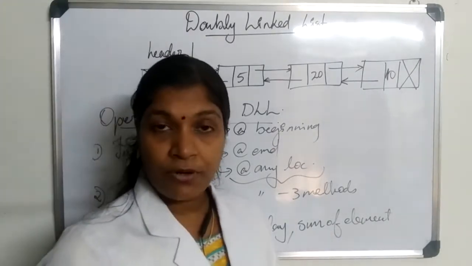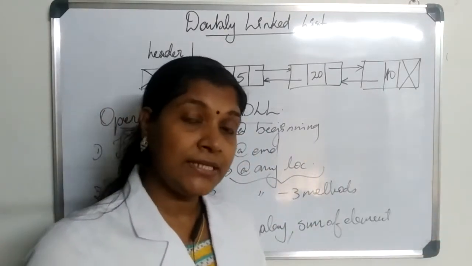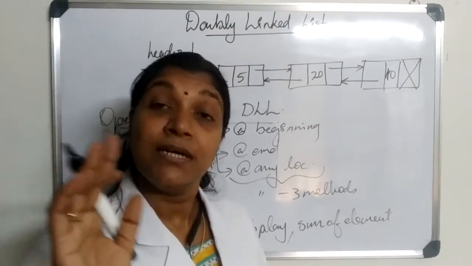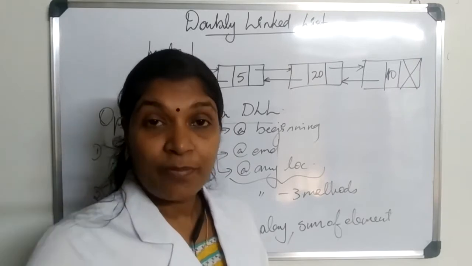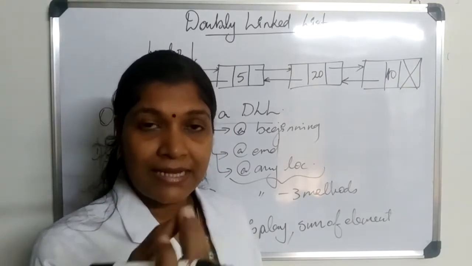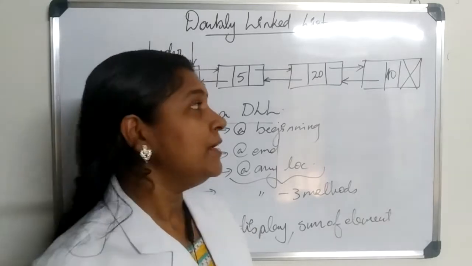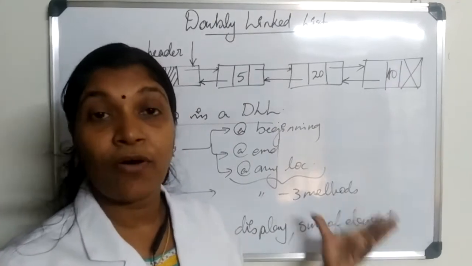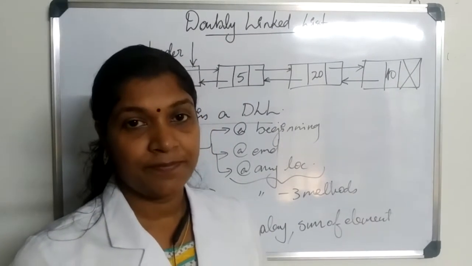Then sum of elements, or copying one doubly linked list to another. So all these operations are possible in a doubly linked list, like our singly linked list. The only extra operation we are doing is the management of that second link. That is the only extra part. Okay. So these are the concepts of a doubly linked list and the operations which are possible in a doubly linked list.